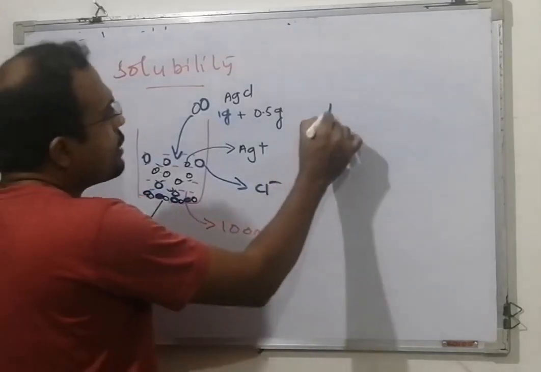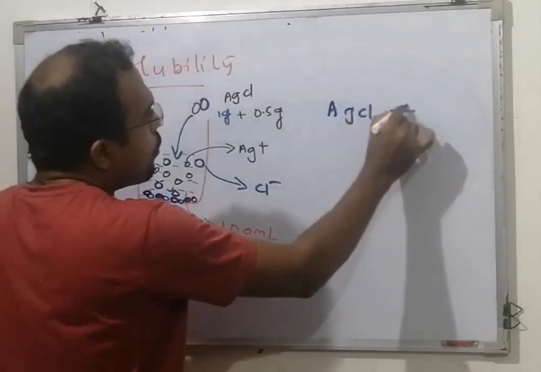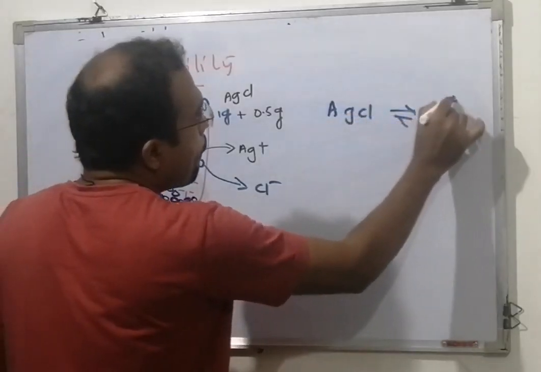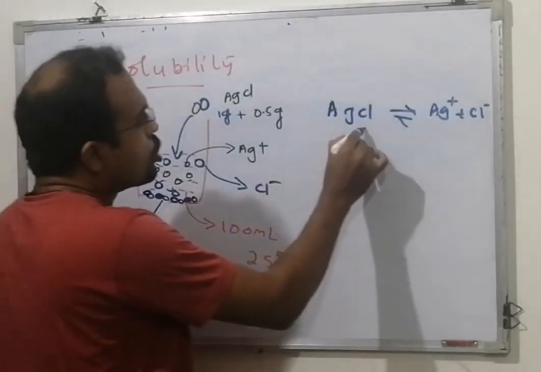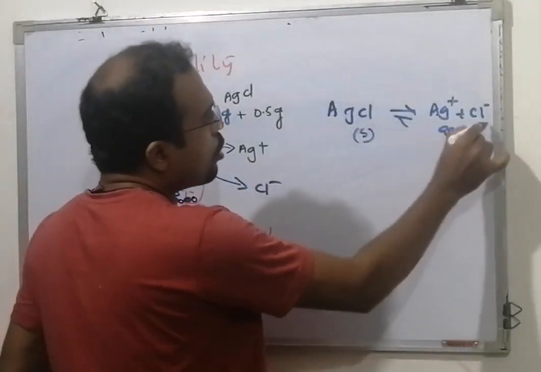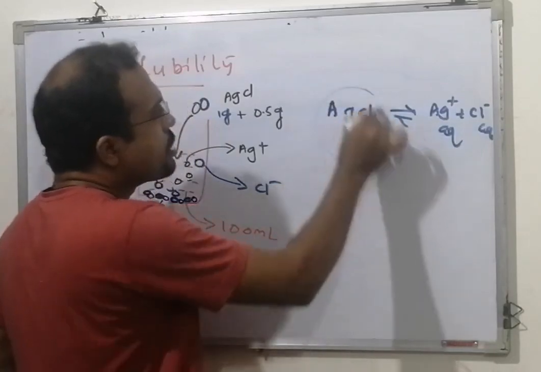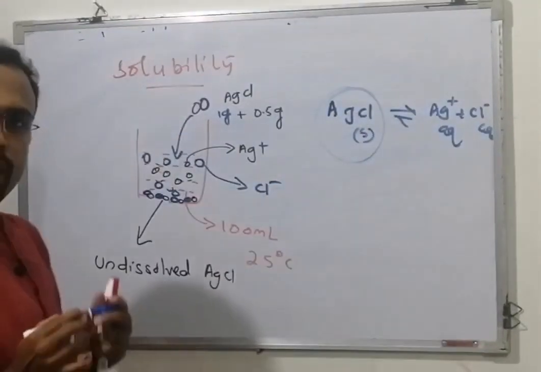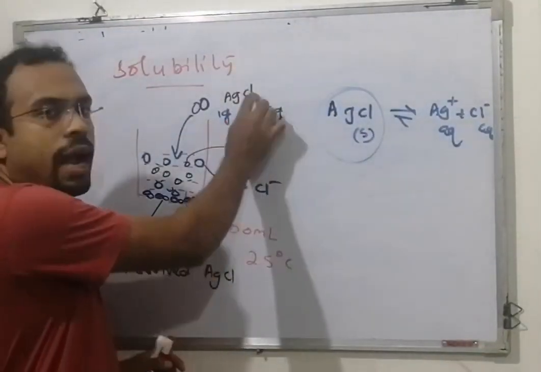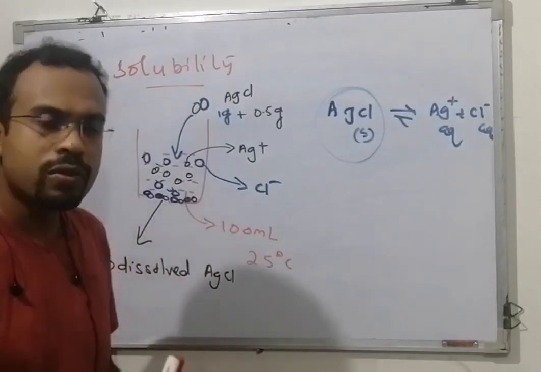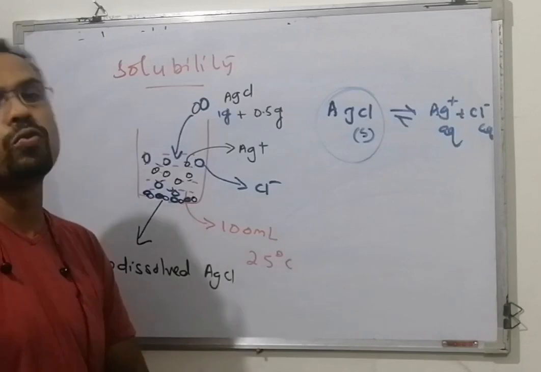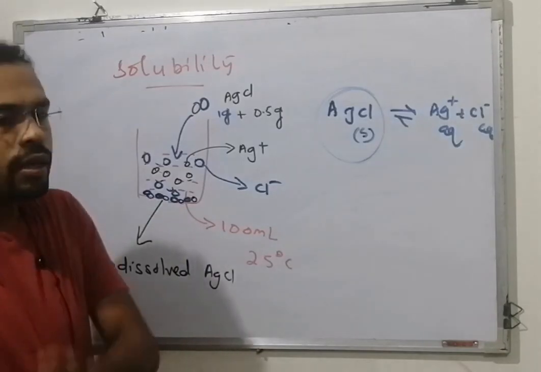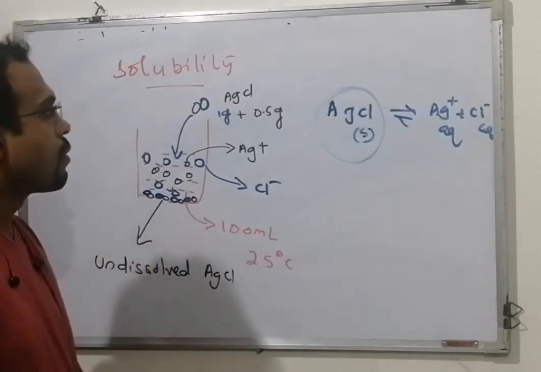Now there is an equilibrium. Please understand that. This is solid, this is aqueous. What does this mean? Is this the AgCl I added? No. This is AgCl undissolved. This is settled one in the bottom of the beaker and it is in solid form.